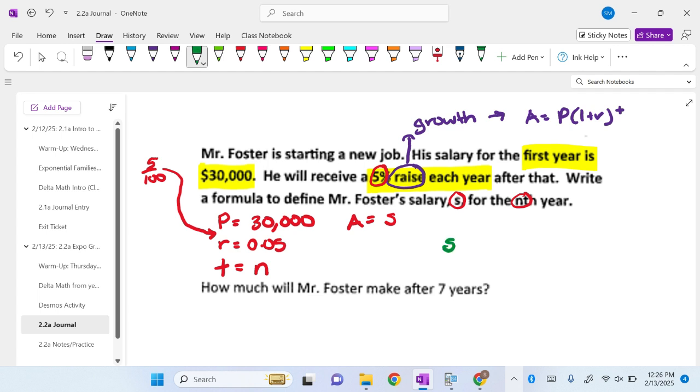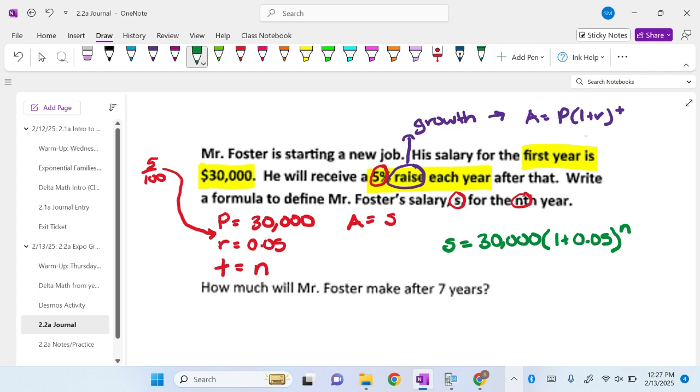So this would be S is equal to 30,000 times 1 plus 0.05 raised to the n power. Now I'm not done because I want this simplified to the fullest. So what's the only thing I need to do to make sure it's fully simplified?